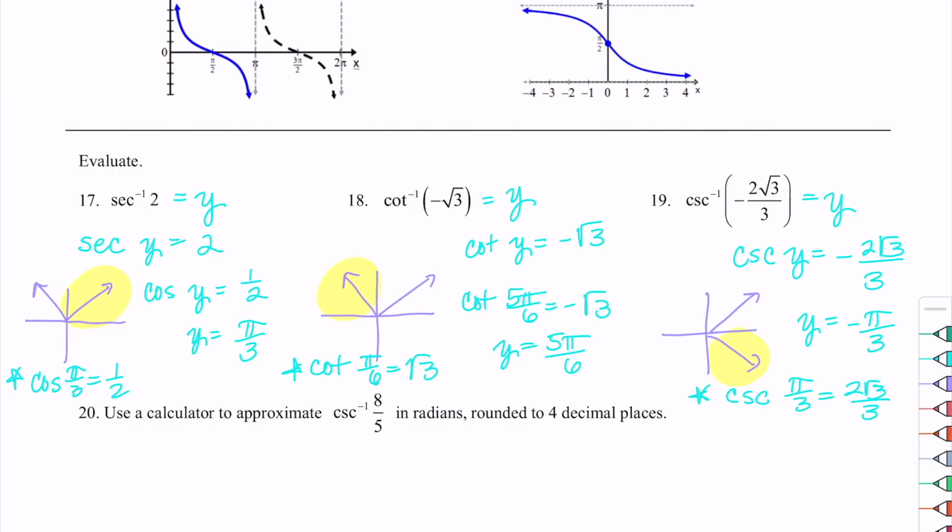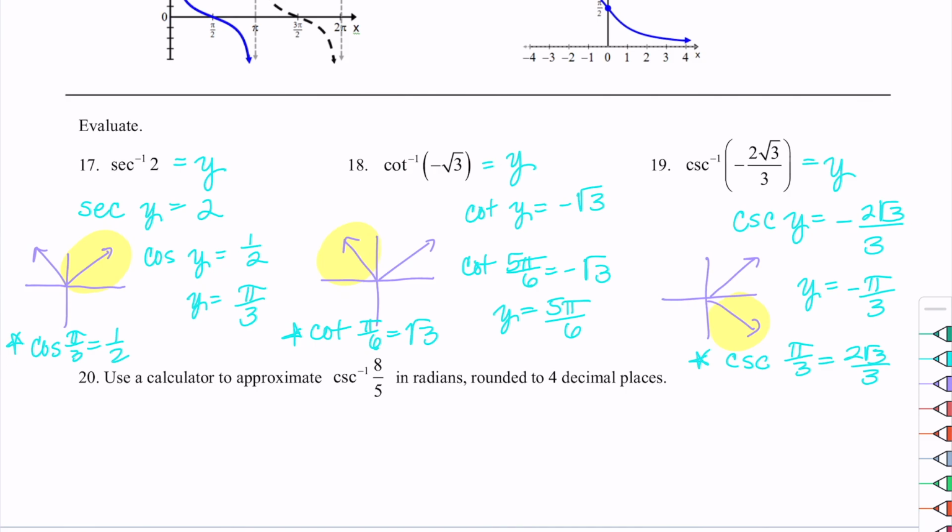Okay, in number 20, they've asked us to use a calculator to approximate the cosecant inverse of 8/5. And they would like this in radians and rounded to 4 decimal places. Now keep in mind that we do not have a key on our calculator for the cosecant inverse. But we can use trig properties to come up with this. So they've asked for the cosecant inverse of 8/5.